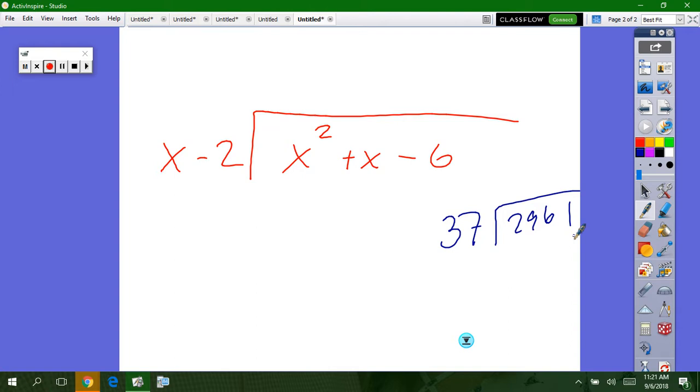I kind of ignored the 7. And I'm like, 30. How many times can 30 go into that? Oh, probably 9 times. And I'd try it. Or I'd say, this is 40. How many times can 40 go into 296? Oh, 7 times. You get what I'm saying. But I'd try one way or the other. I'd round. I'd kind of ignore the 7 and I'd do a 30 or a 40.